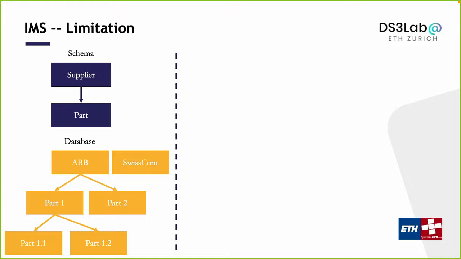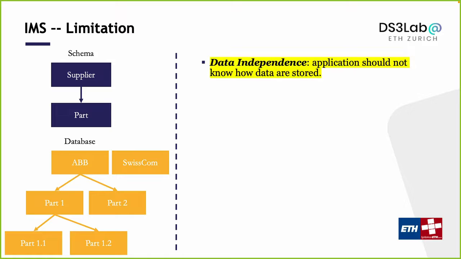So now let's take this data model, the query model, and also the execution model, and think about the 4 different properties that we found from database systems, and see whether the hierarchical model really gave us that. So let's look at data independence: the application shouldn't know how data are organized. In the hierarchical model, this is really hard to enable.